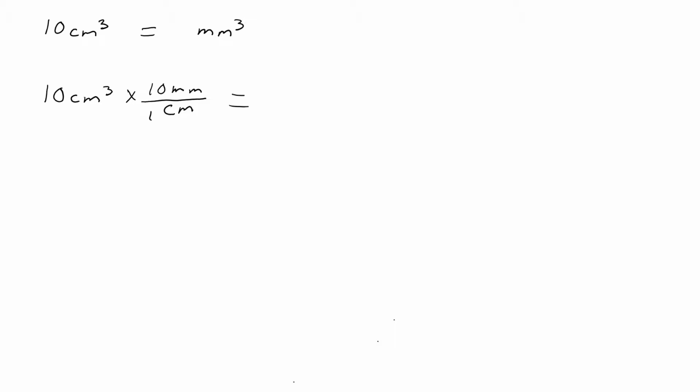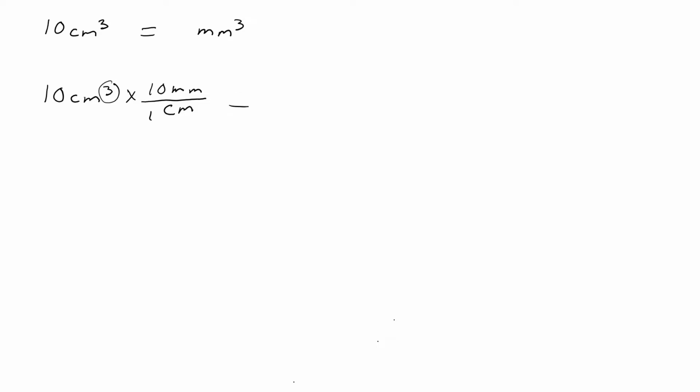What if I just left it like this? What would I end up with? Yeah, see, I'm only getting rid of one of these, right? So what I have to do when you do things that are areas squared or volumes cubed is you have to carry out these conversions a couple of different times.